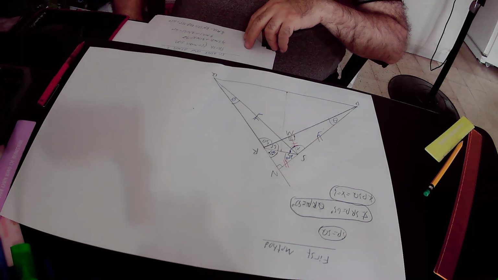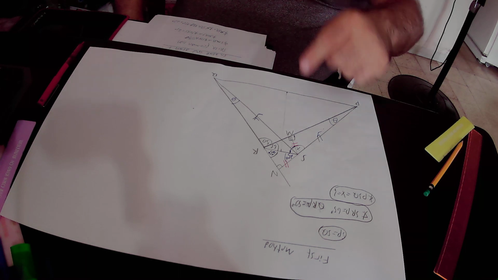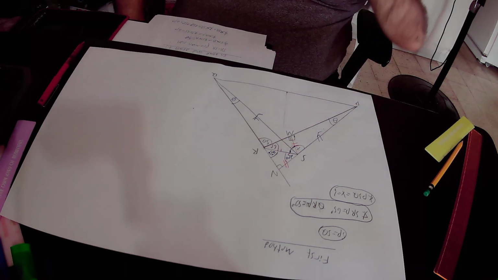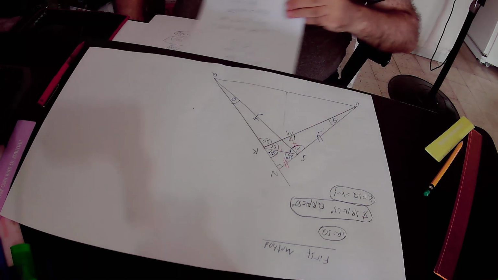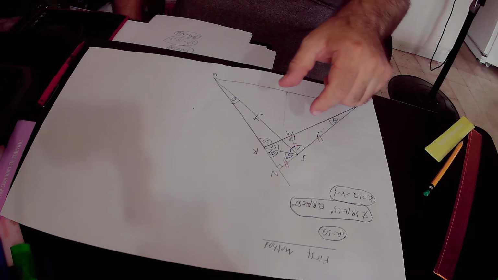So we proved that those two right triangles are congruent according to the angle-side-angle rule.